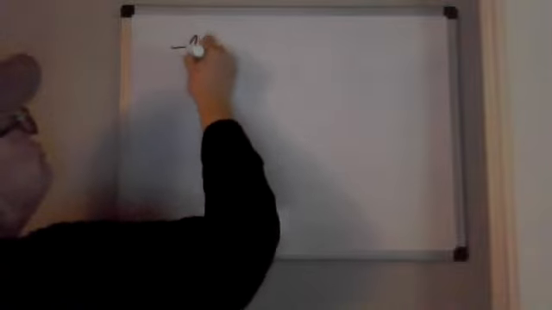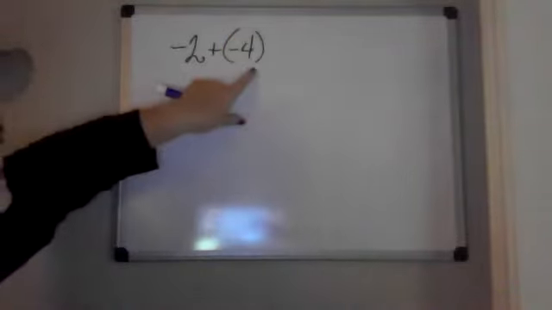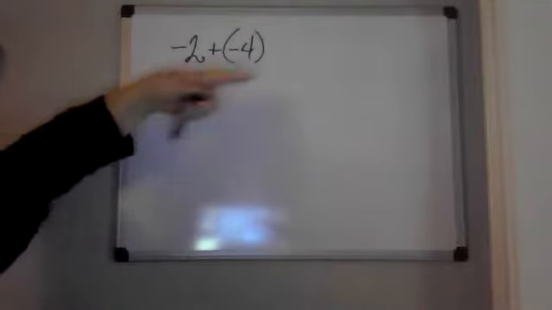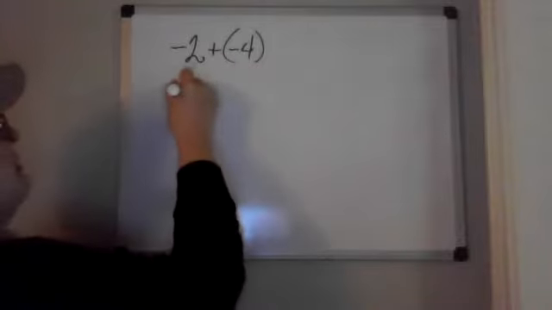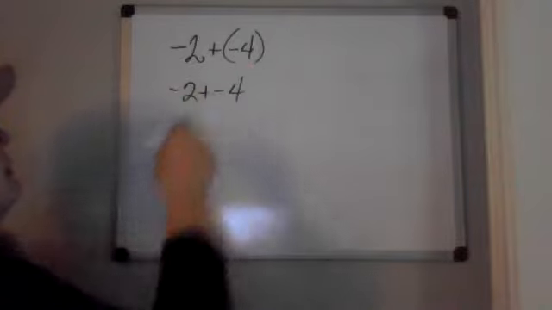Let's do two negatives. Let's do -2 plus -4, and they'll do this most of the time because these parentheses are just put there for clarification. It's kind of hard if you would see it without them.